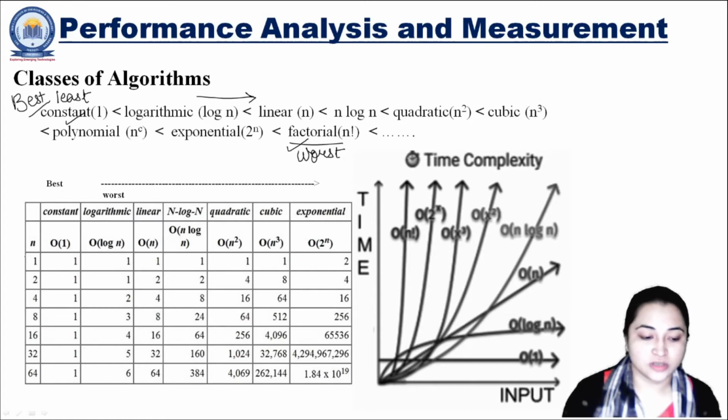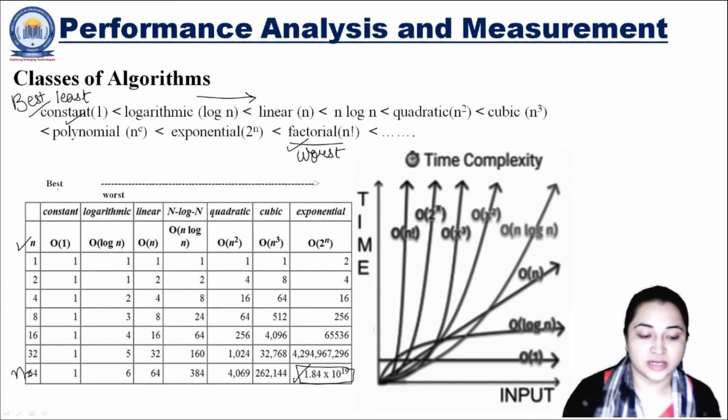Fine. So this table indicates the complexity in terms of n, that is the number of inputs. As the number of inputs increases, the complexity increases. For example, take this last cell: when the number of inputs is 64 and we have exponential time, it will take this much amount of time.